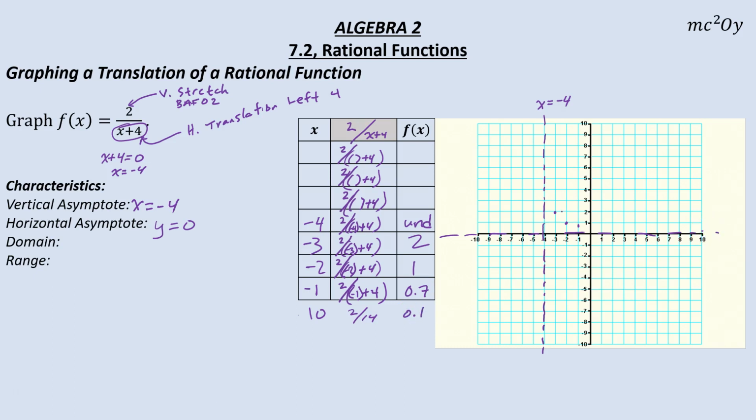Okay, so really close. So this line does something like that, and it's going to zip up here. Okay, and we could be more accurate if we put in more points.